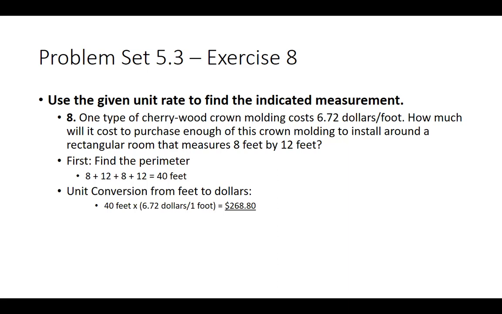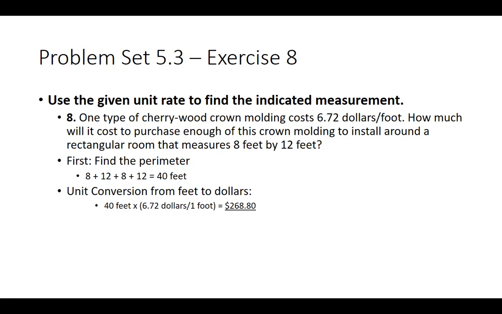Number 8. One type of cherry wood crown molding costs $6.72 per foot. How much will it cost to purchase enough of this crown molding to install around a rectangular room that measures 8 feet by 12 feet?